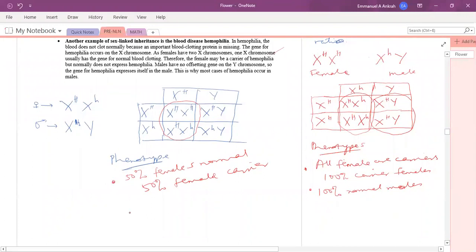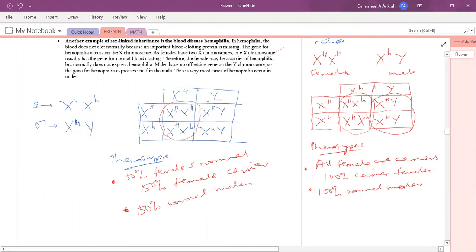So that is one. What are the females? The males. Among the males, 50% will be normal. 50% will be normal males.